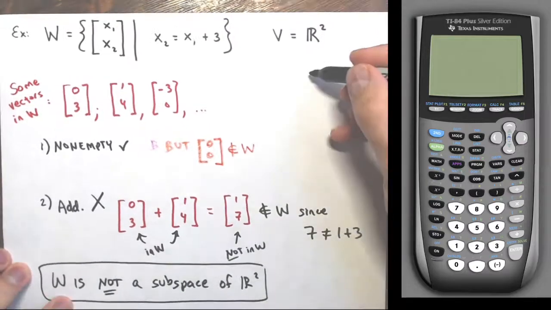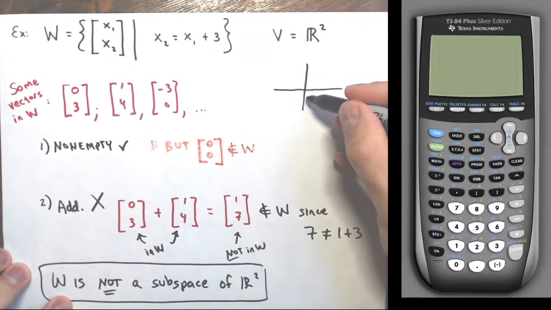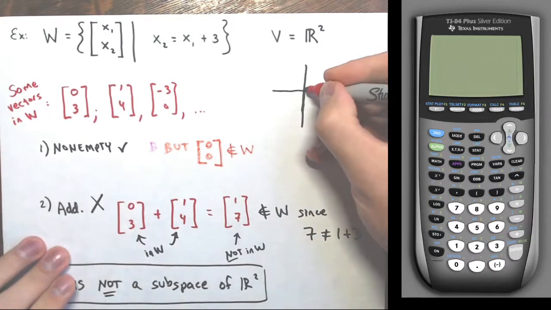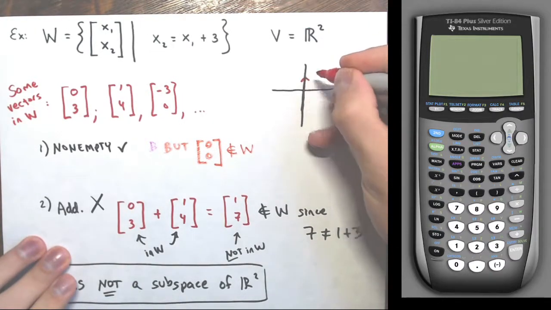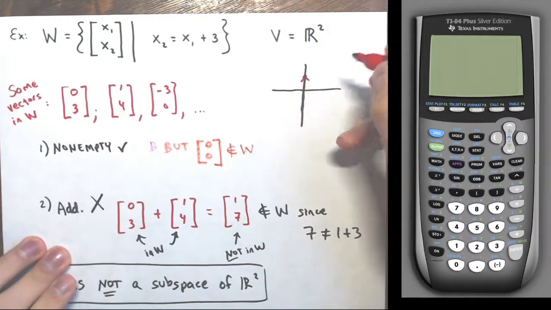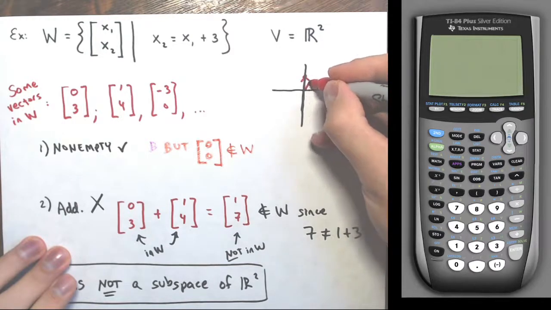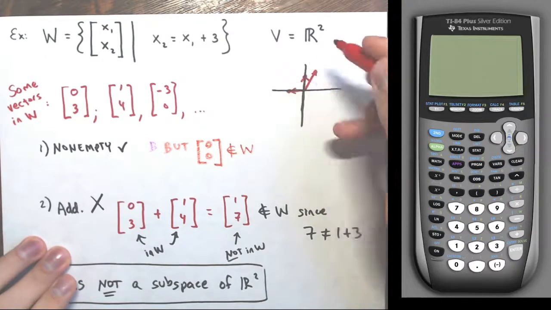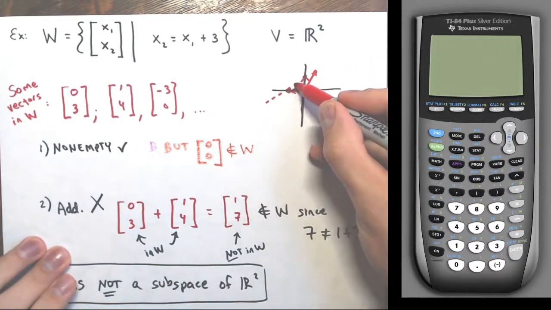All right, and again, if you were to graph, do a little graph, because it is R2, you can picture stuff. 0, 3 takes you to this point. 1, 4 takes you to this point here. Negative 3, 0 would take you to this point here. And the points that they form would be a line, sure, right?